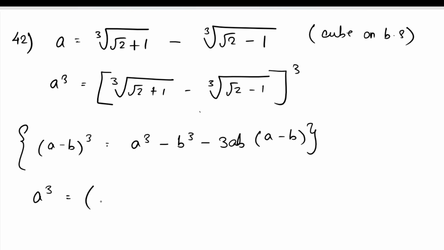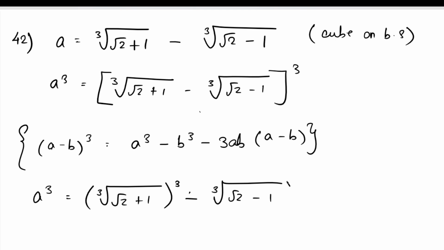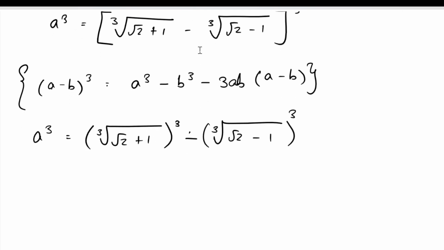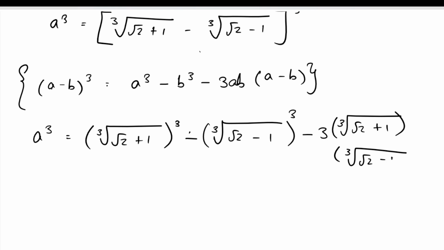Now applying this formula here, we'll get on the left hand side it's a cube is equal to, so a cube is cube root of root 2 plus 1 the whole cube minus b cube is cube root of root 2 minus 1 the whole cube, and then minus 3 into a into b. So minus 3 into a, which is cube root of root 2 plus 1 into b, which is cube root of root 2 minus 1.